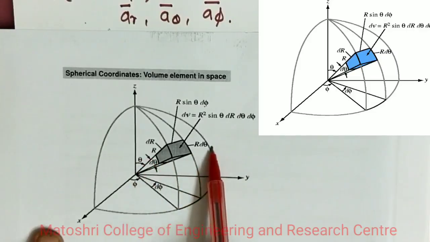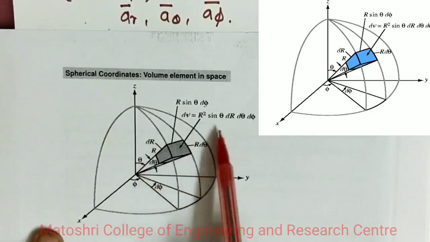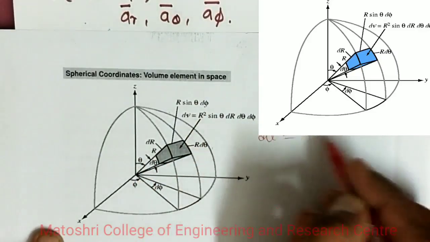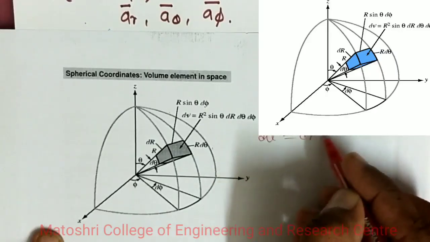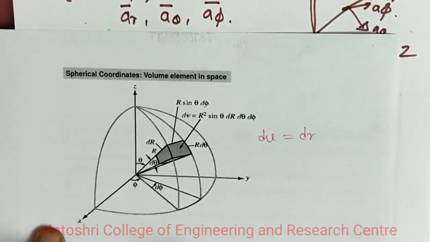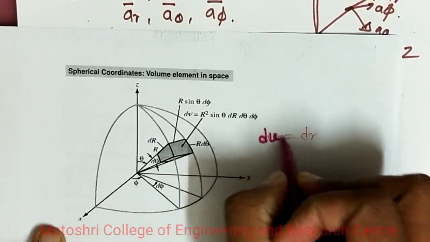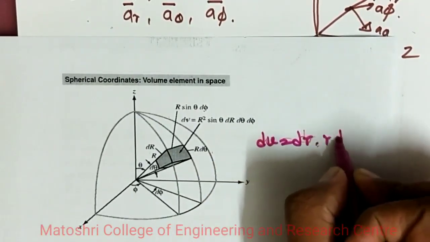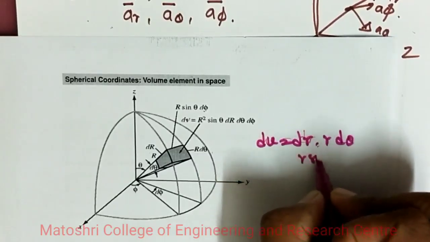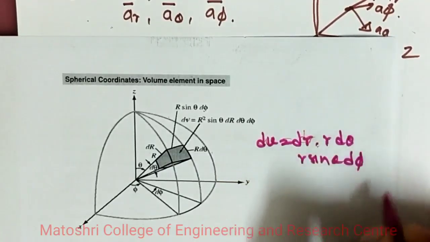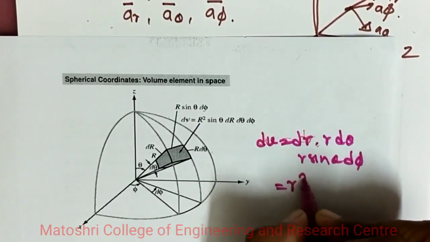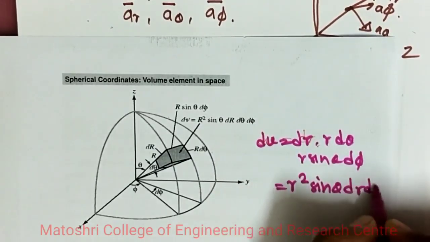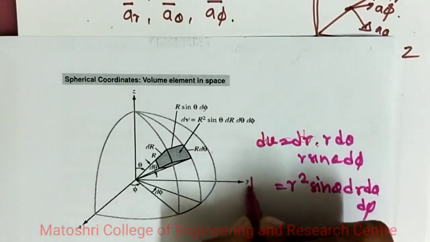These are the other lengths, and the third length is dr. The volume is the multiplication of all three lengths: dv is equal to dr into r d theta into r sine theta d phi. Multiplying them together, r squared sine theta dr d theta d phi is the differential volume.